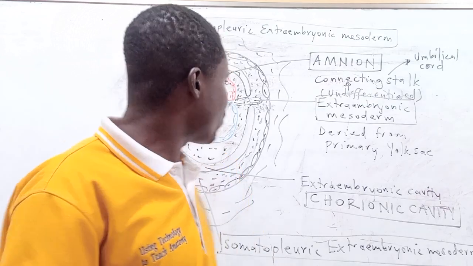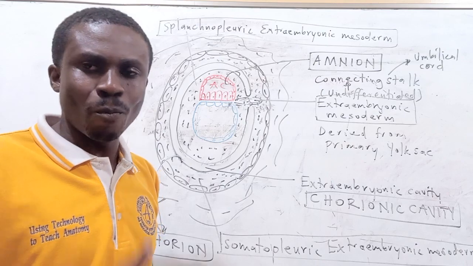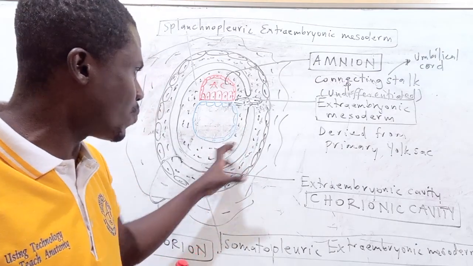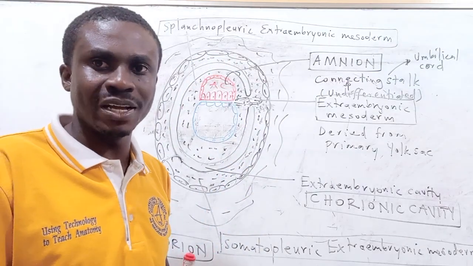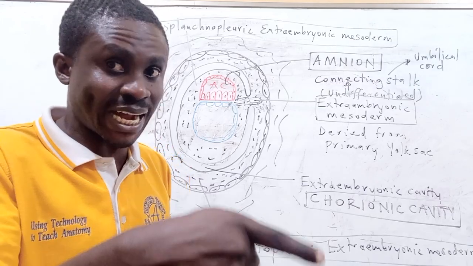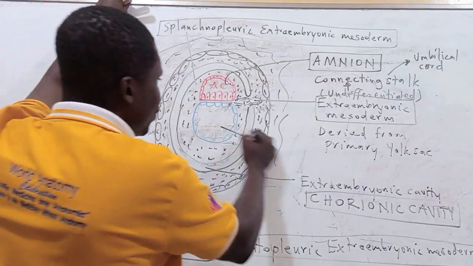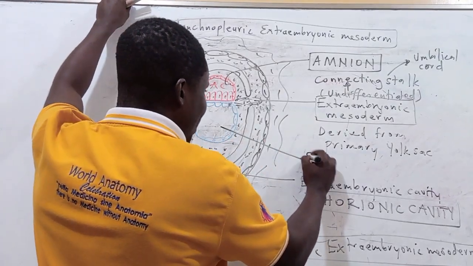Yes, but my friends, we still have our yolk sac over here. A portion of it was used to form this extra embryonic mesoderm. So the remaining will be called the secondary yolk sac, or the definitive yolk sac. So this guy right now is called definitive, or the secondary.